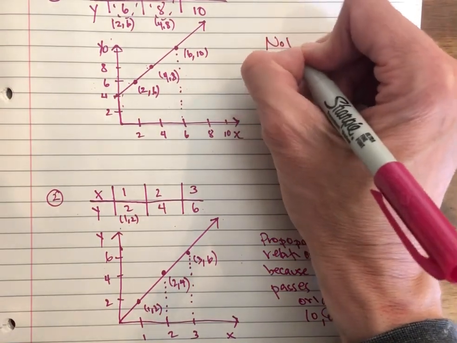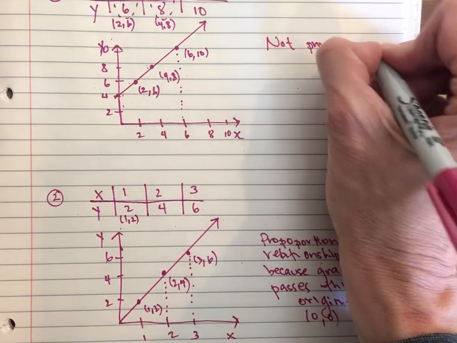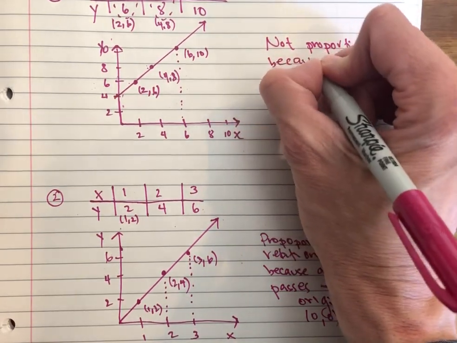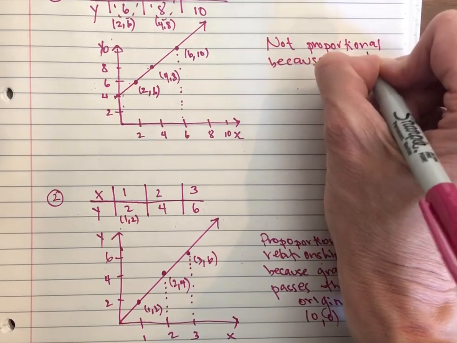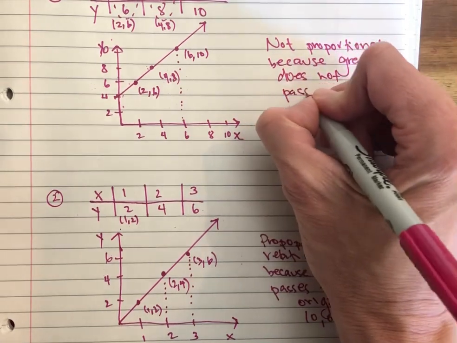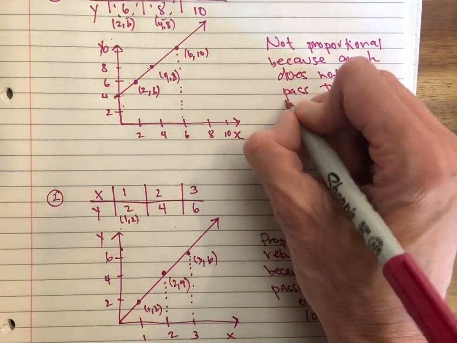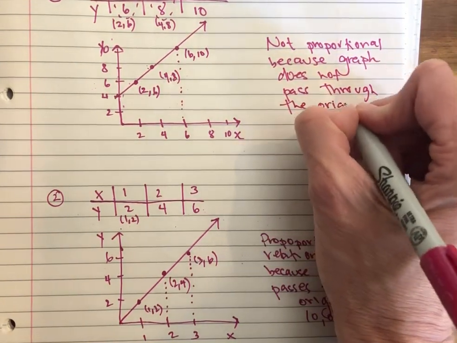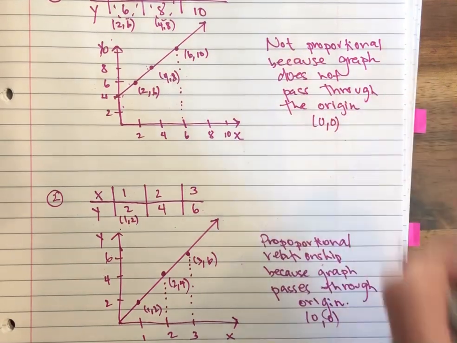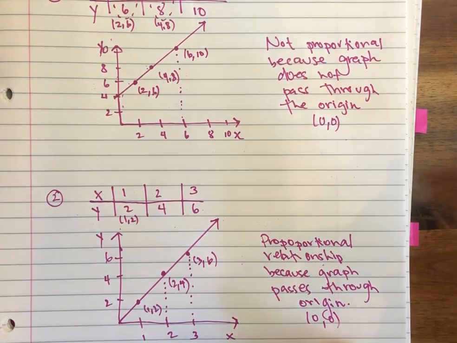So x and y are not in a proportional relationship because the graph, we're using the graph as our evidence, does not pass through, well, I'm messy today, the origin. In other words, it does not travel through 0, 0. Okay, that's the main idea of today's lesson, the extension, but there's one more thing that I want to review with you.